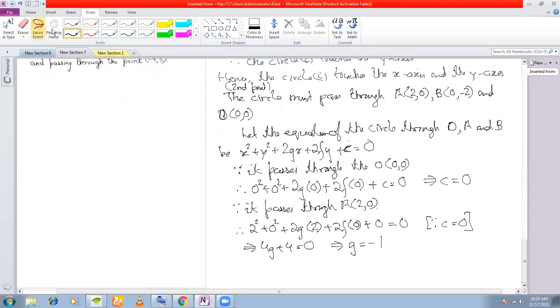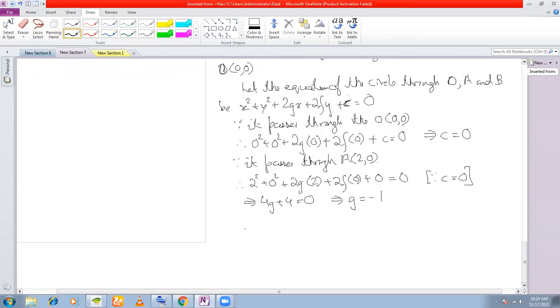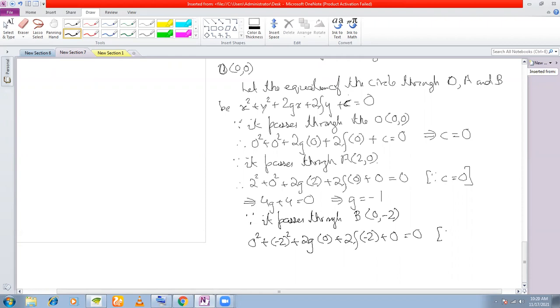Okay, and the third point here is it passes through B, (0, minus 2). So you get here x square plus y square plus 2gx plus 2fy plus c is equal to 0, since c is equal to 0.